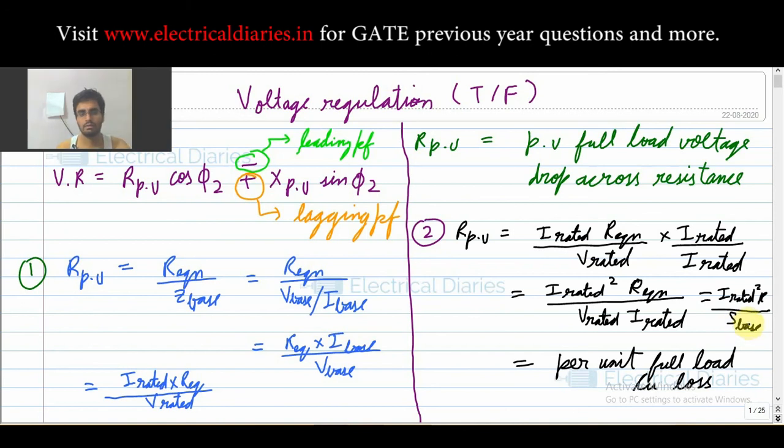So in that case you can write it as per unit full load copper loss. Don't confuse, just remember that if something like this is given to you, then you can think in this manner also. Don't need to mug up, just have this idea in the back of your mind, so that you can write your per unit full load copper losses as R per unit. Okay, that is important. So this concept is over.